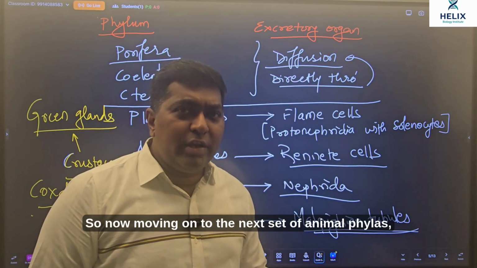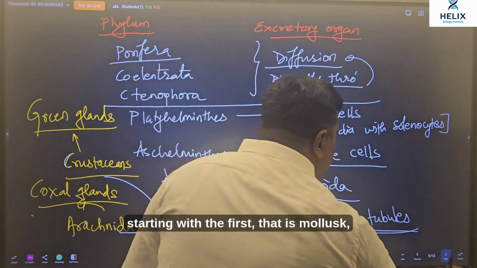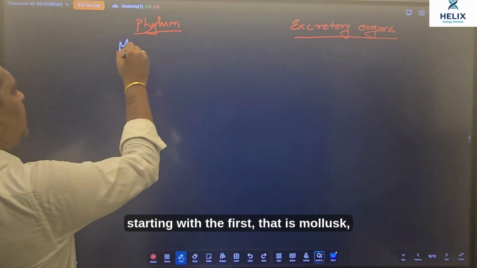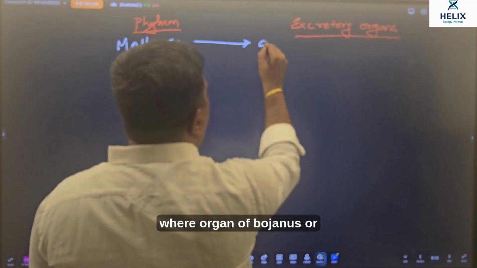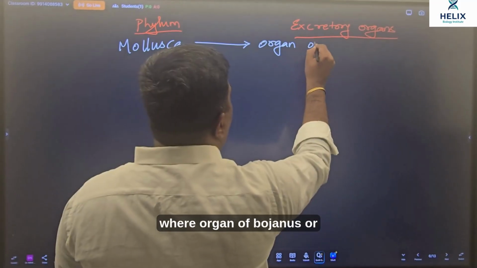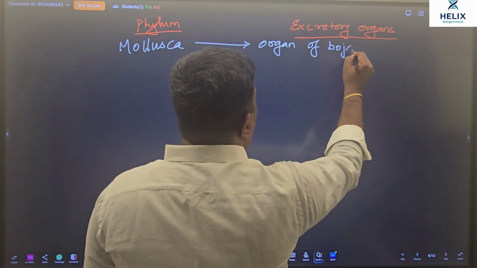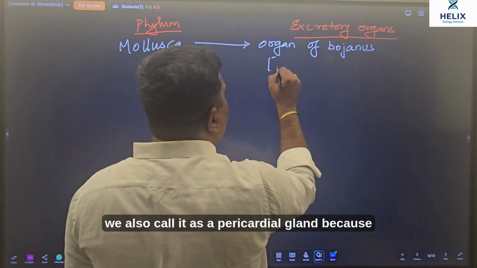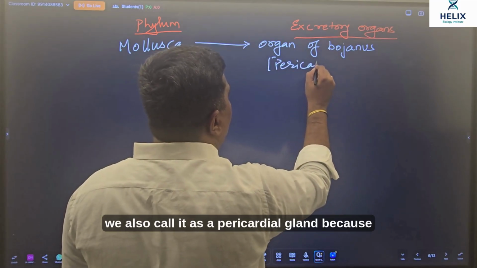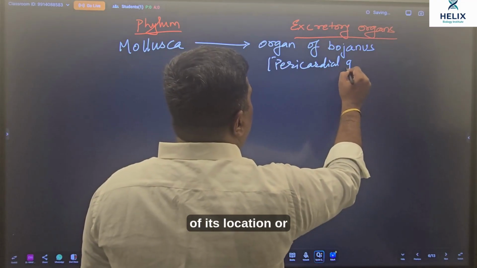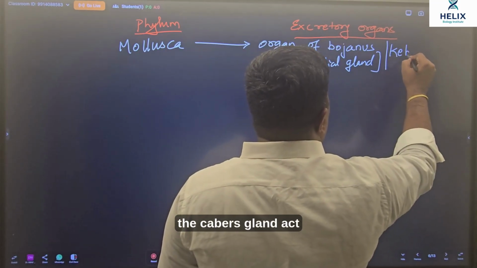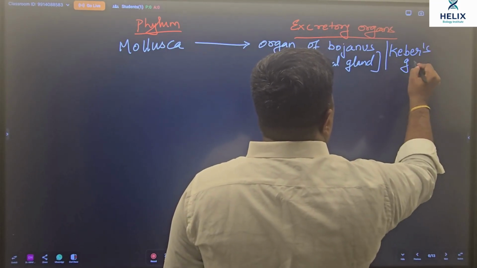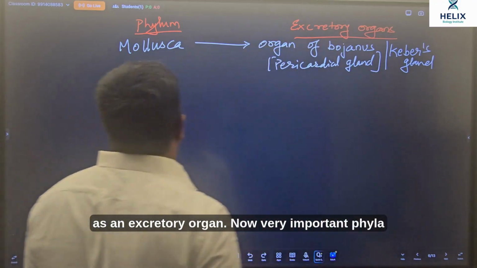So now moving on to the next set of animal phyla, starting with the first, that is mollusk, where organ of Bojanus, or we also call it the pericardial gland because of its location, or the Keber's gland, acts as an excretory organ.